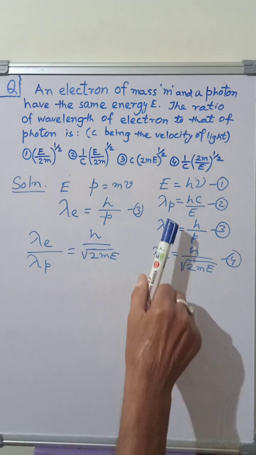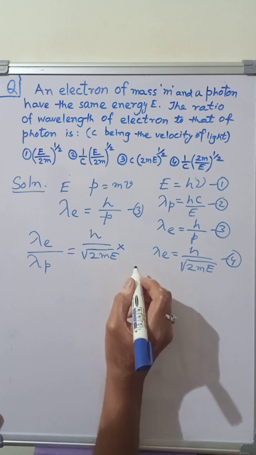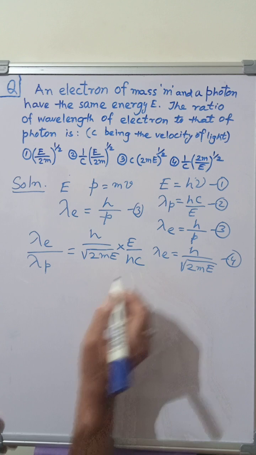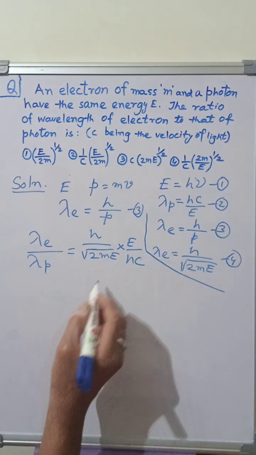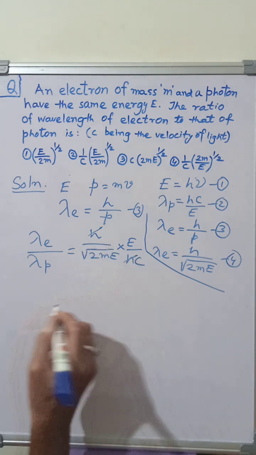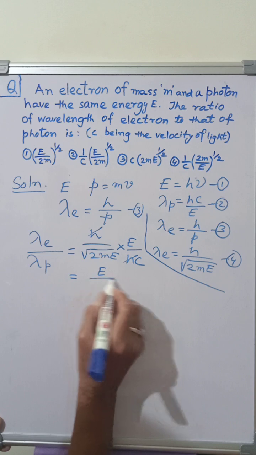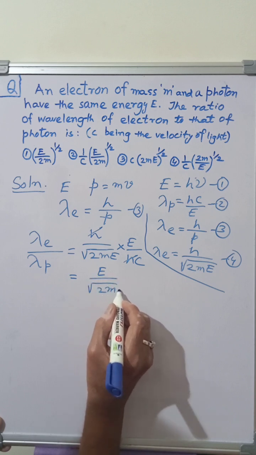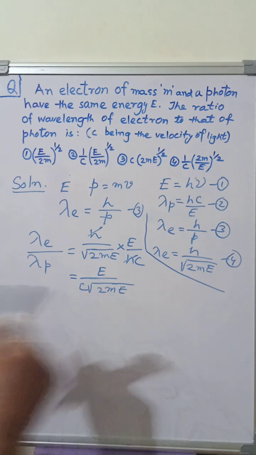Lambda p is equal to hc by E. Therefore, we can multiply this with E by hc. One h gets cancelled here, giving us E by root over 2mE into c. We can write like this.